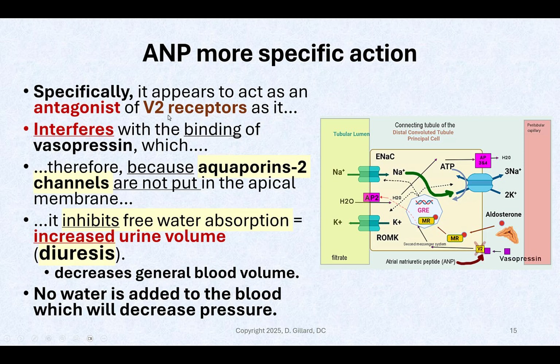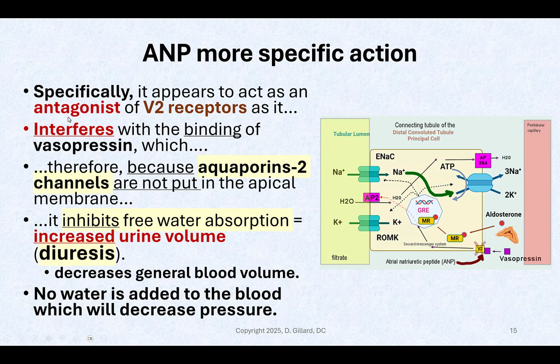So yep, everything we said, it appears to act as an antagonist. Make sure you know this word, because that'll be on the test. And don't come up and say, what is that word again? I'll go, I don't know. An agonist, or an antagonist, not an agonist, an antagonist. An is the key word. An means it's going to bind to something like these V2 receptors and block their function.